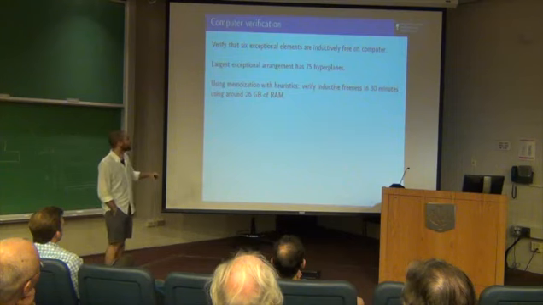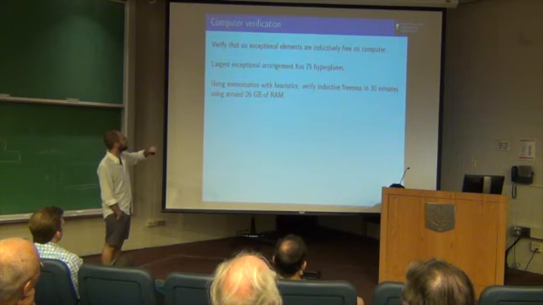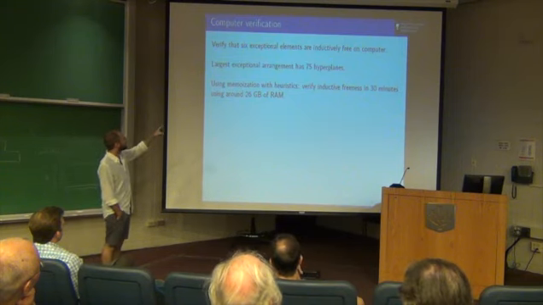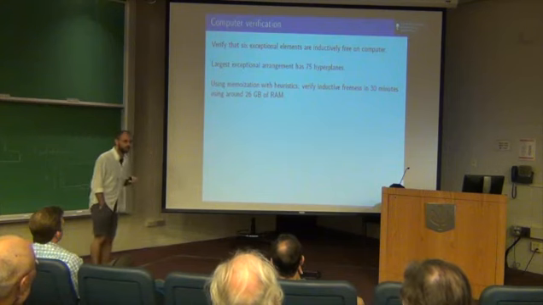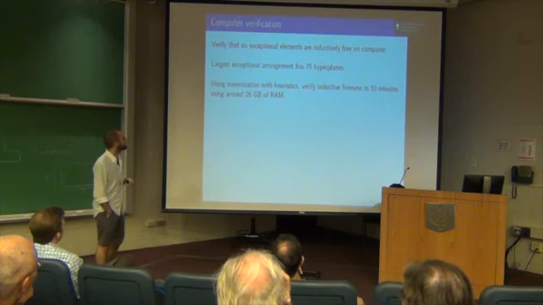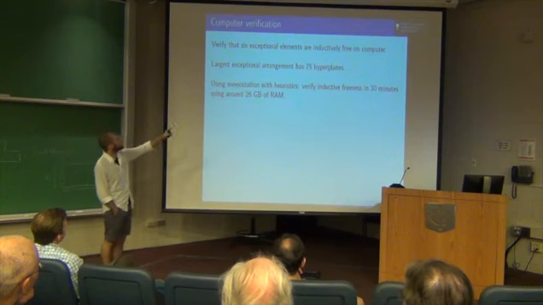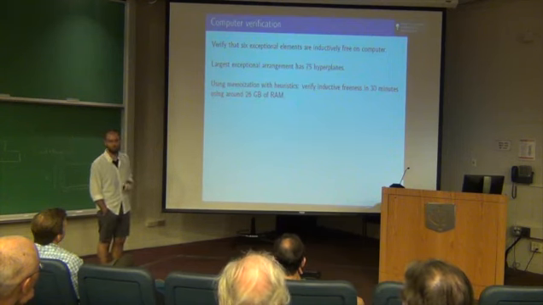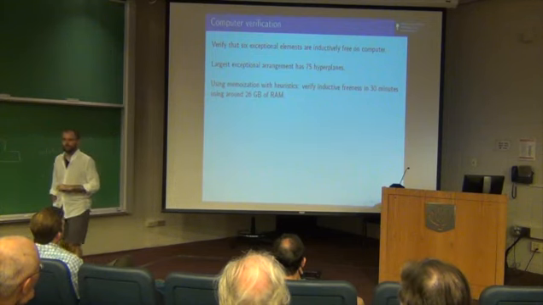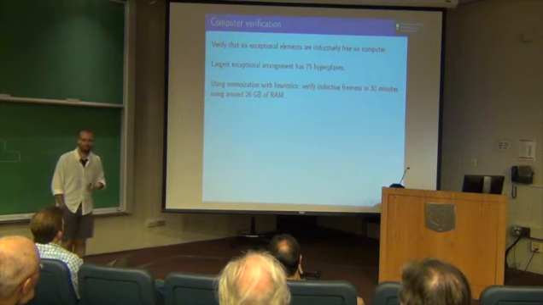With a lot of optimization, so memoization, if you know what this is, and making sure we can pack everything in as tightly as possible, we managed to verify the inductive freeness of this thing in only 30 minutes, but it used 26 gigs of RAM.